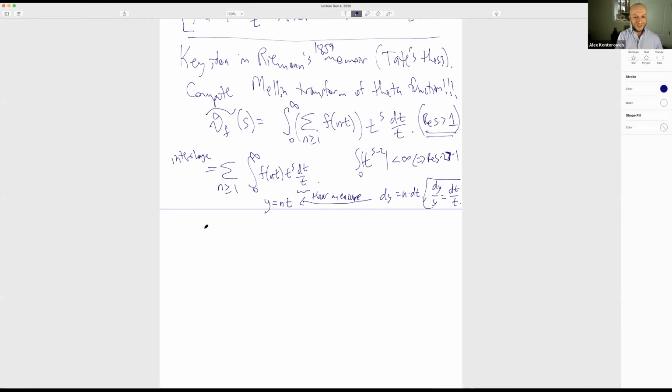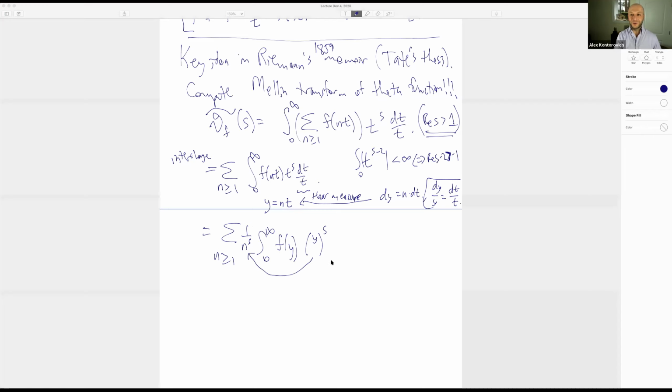Okay, let's keep going. So this is a sum over the positive integers, integral from 0 to infinity. I'm replacing nt by y, so this is just f of y. t is y over n, so we get y over n to the s, because this is a character.